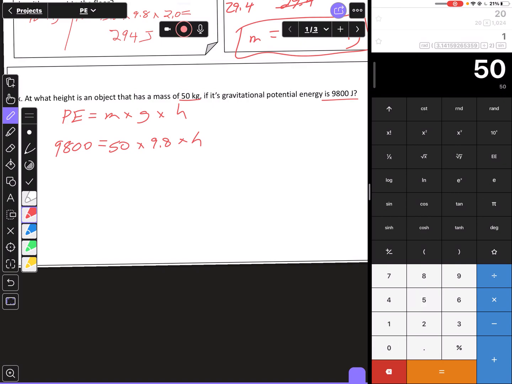So 50 times 9.8 equals 490. So it's going to leave me with 9800 equals 490 times h. Divide both sides by 490.